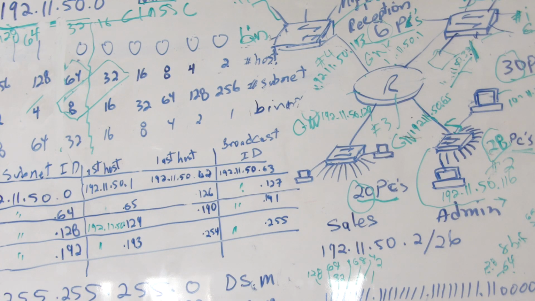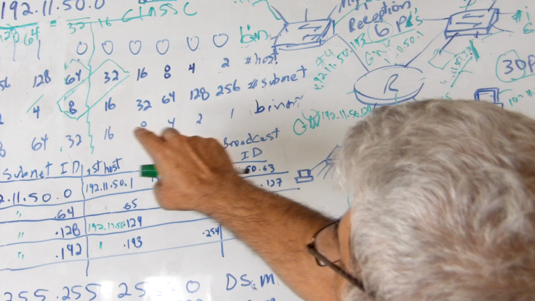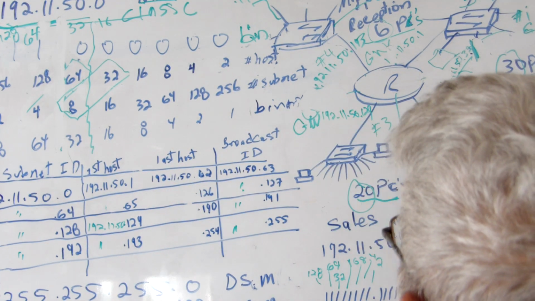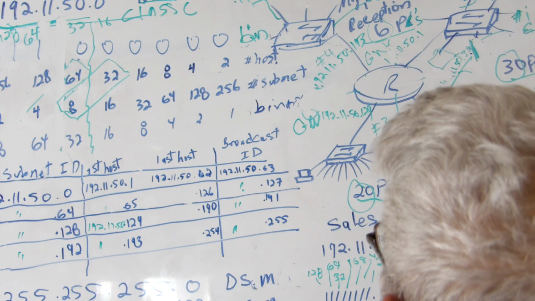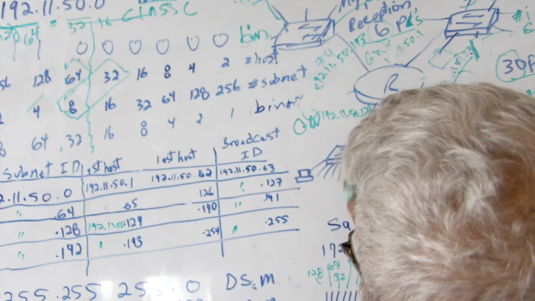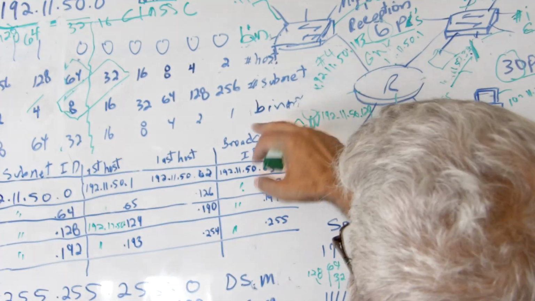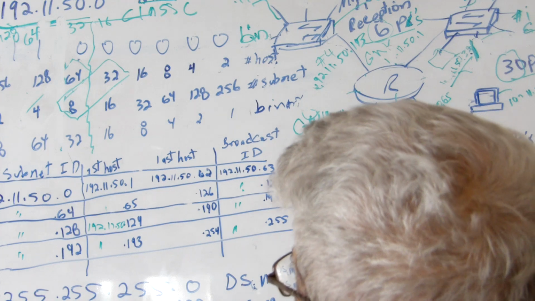So if the number of hosts in each of the 8 departments is less than 32, you use this one. You have more networks. Sometimes you want to add another department to it, or you can have 8 of them.